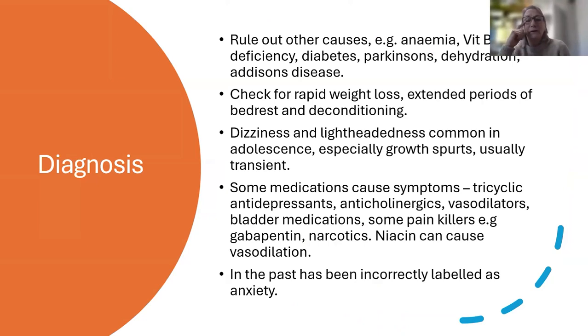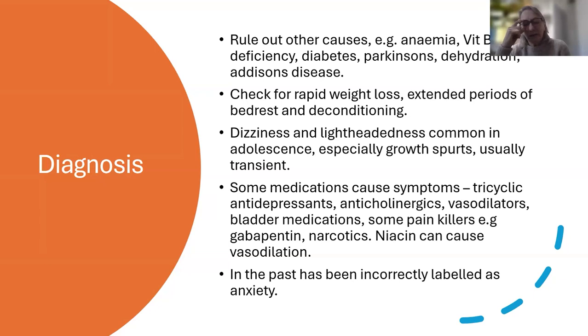Checking for rapid weight loss, and as I said before, the rapid weight loss, or people who've been in bed perhaps after an illness, have become very deconditioned. It's important to take that into account, because once those things are reversed, once they start to get back a bit of strength and a bit of weight, the symptoms disappear.